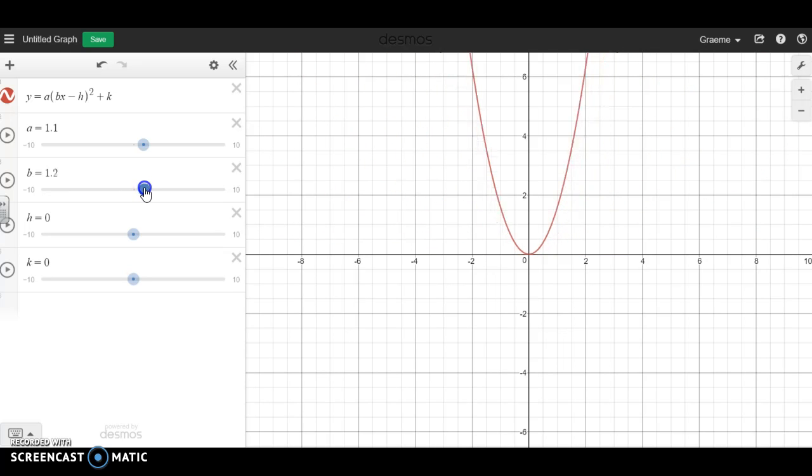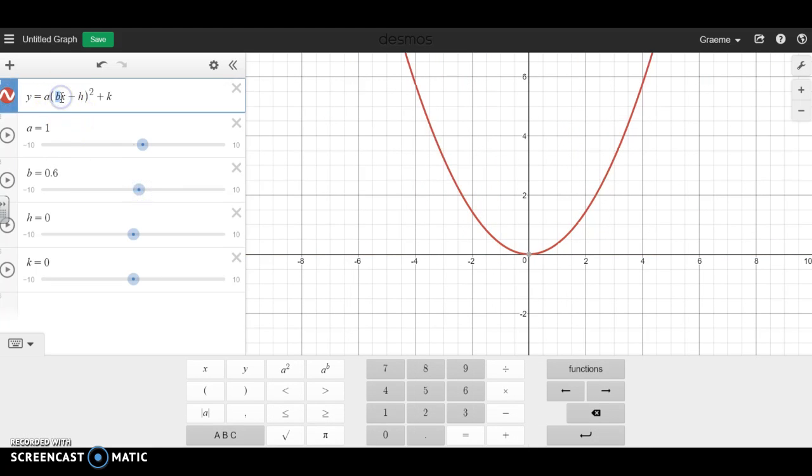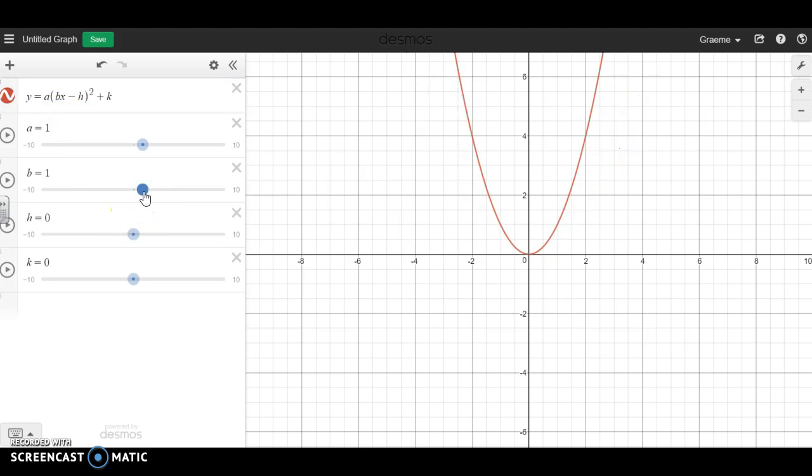As I get greater than 1, I am compressing it or pushing it horizontally. So think of me pushing in from the left and the right, and then think of me pulling away from the left and the right. So this b value right here is the horizontal stretch or shift. So let's reset that back to 1.